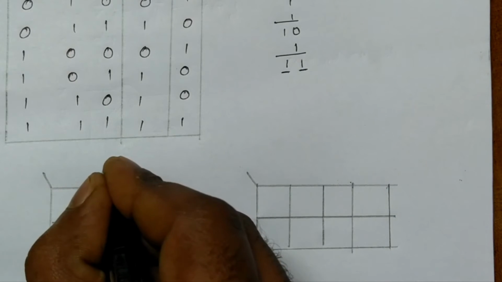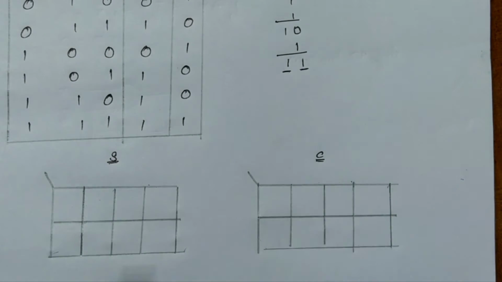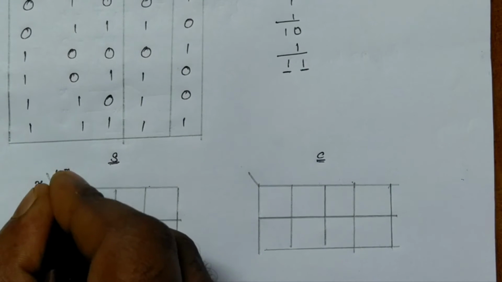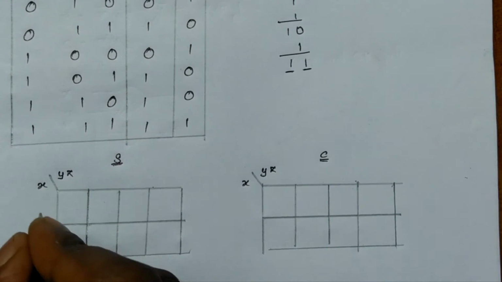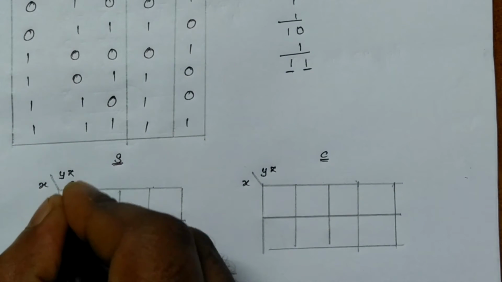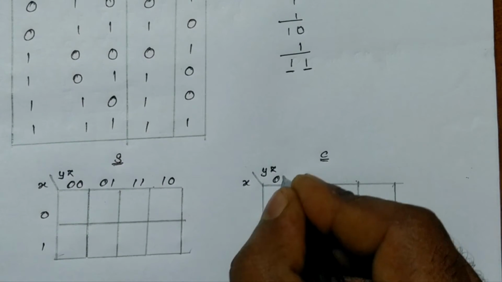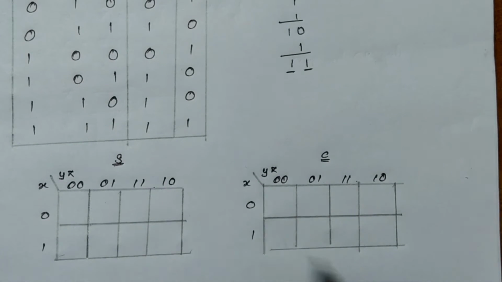The first one I am considering for sum, the second one for carry, and here the inputs are X, Y, Z, here also X, Y, Z, with 0, 1 and 0, 0, 0, 1, 1, 1, 1, 0.